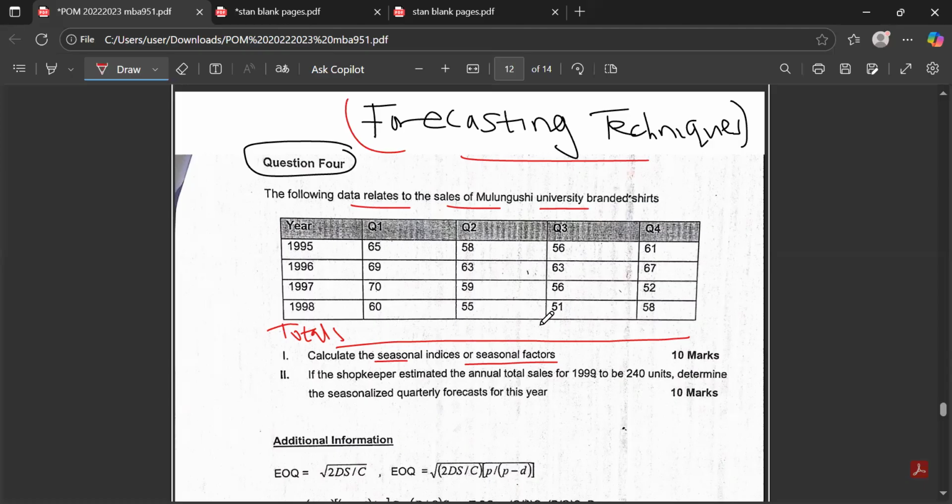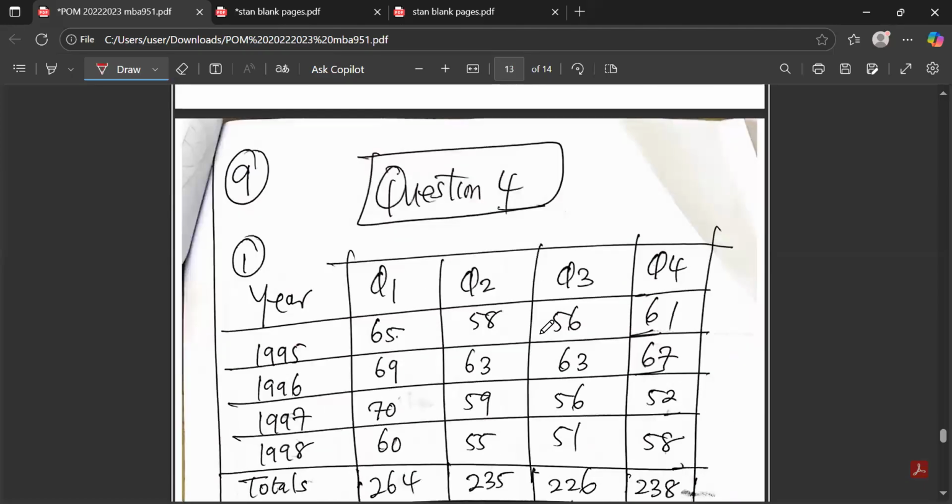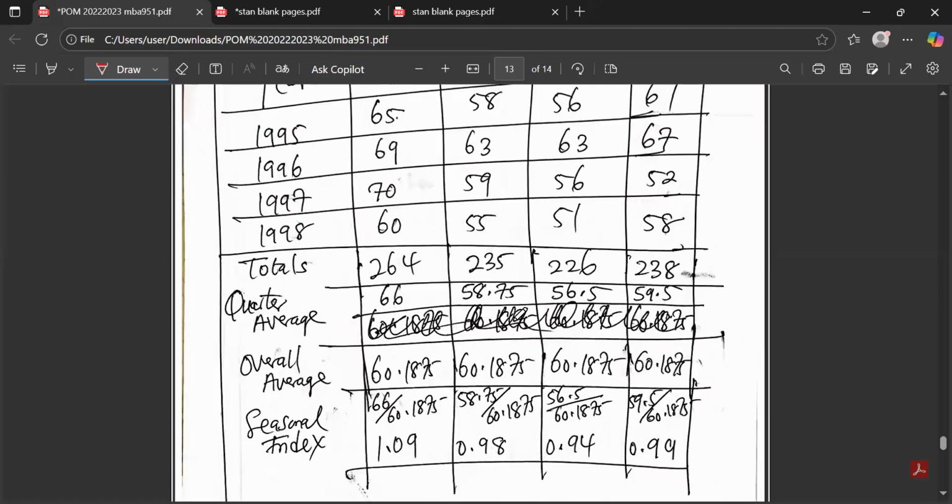All right, so what goes on here is that we are supposed to find the total. So the totals are here. Adding these ones, we're getting the totals here. This one, there's nothing here. So the total is 264. Then you divide by how many measures there are. 264 divided by 4 gives us 66.